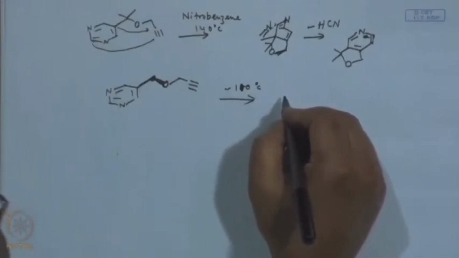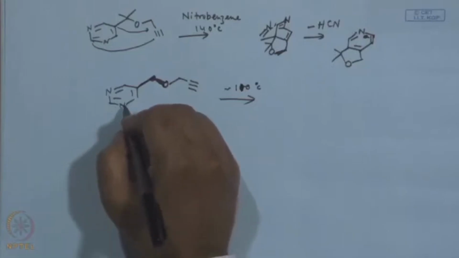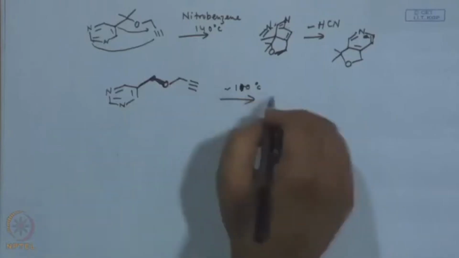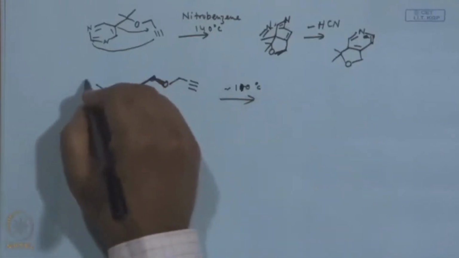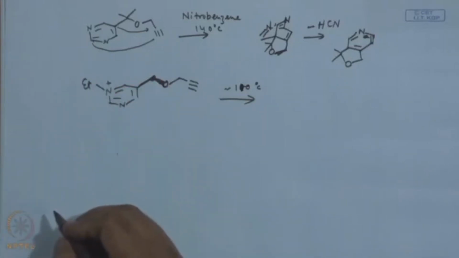What else can you think? That means you have to basically, like Abhishek said a few minutes ago, make it a little electron deficient, then we have to use Lewis acid. Other than the Lewis acid, in this example what they did, they quaternized this nitrogen, that is it.